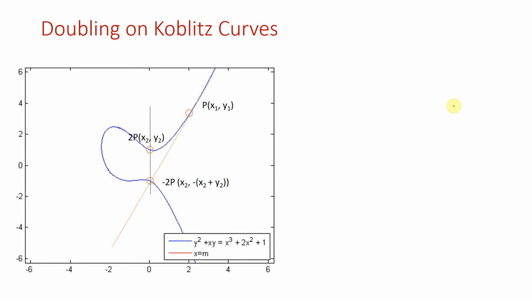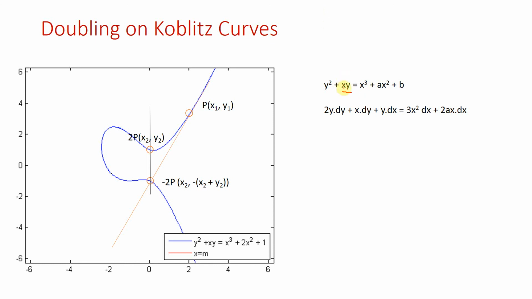And remember the negative point calculation for Koblitz curves. Minus 2p's y coordinate should be equal to minus x2 minus y2. This is the equation of the Koblitz curve, and I will find its derivative: 2 times the y plus this term includes both x and y, and that's why I need to find the x and the y here. Let's find the x value.